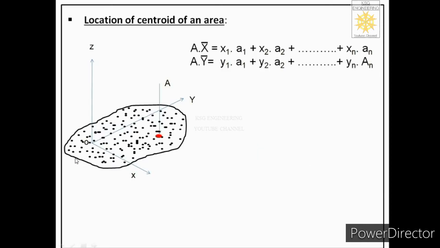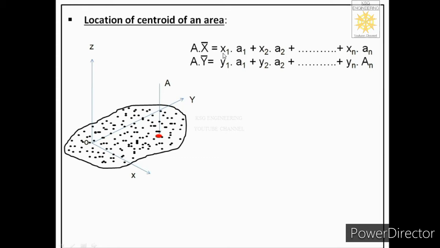Now next we can say that particular area is divided into n number of areas, or this area is made up of n number of small areas, and the moment of the whole area about the y-axis can be written equal to the sum of the moments of all the small areas about the same y-axis.